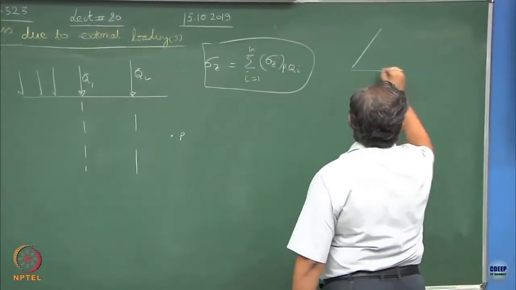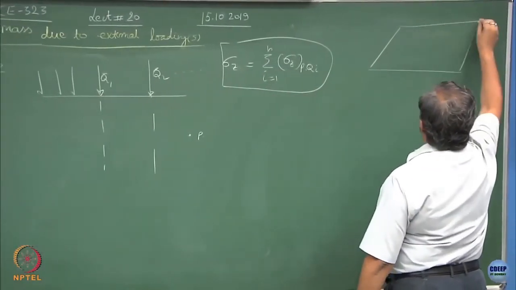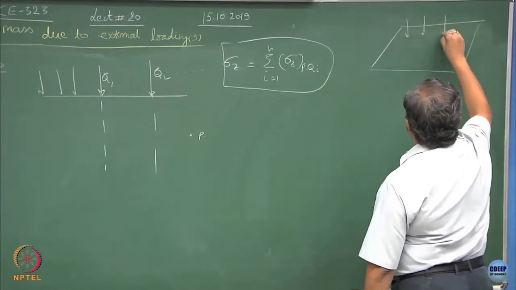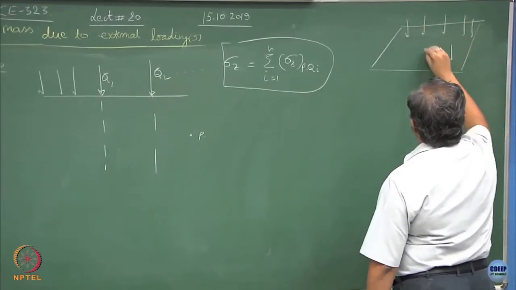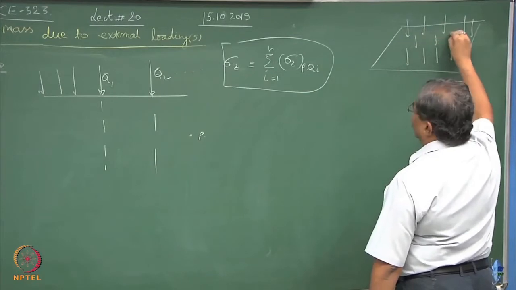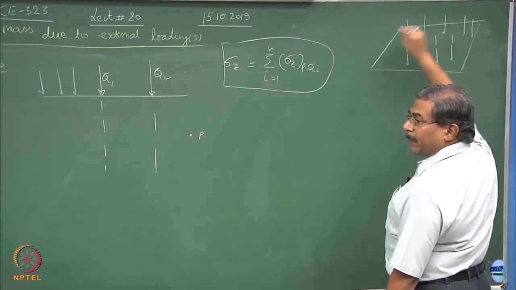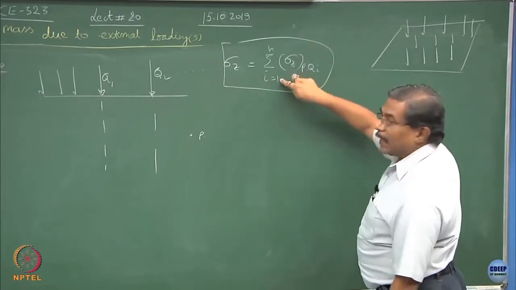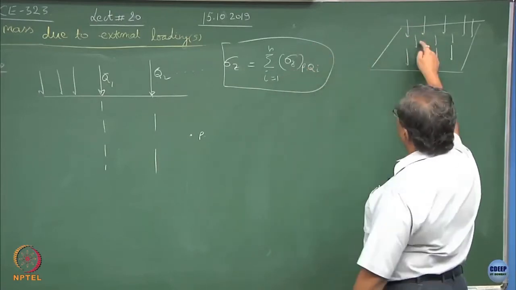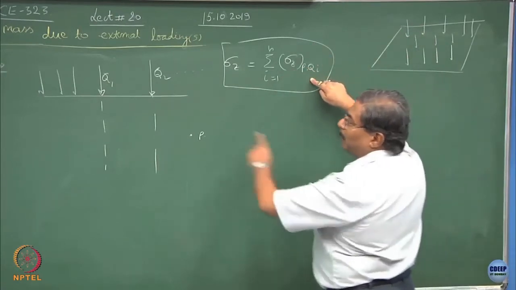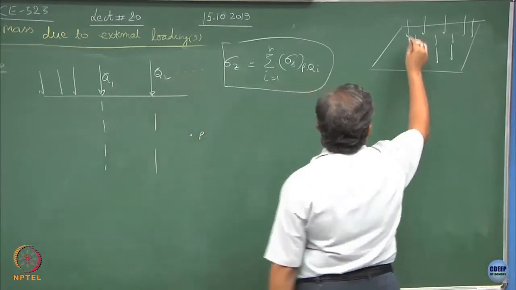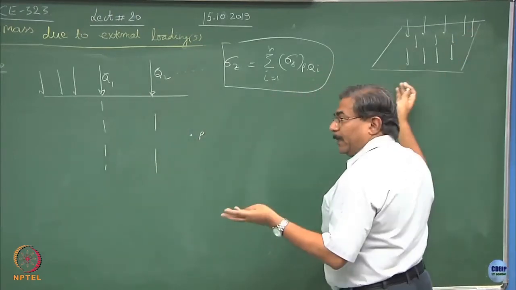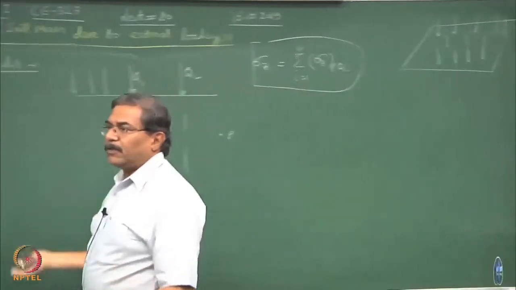Suppose you take a plane on which several Qs are acting. Now, if I integrate over the line, and then integrate over the surface, this is going to give me the net effect of a loaded area of certain cross section.